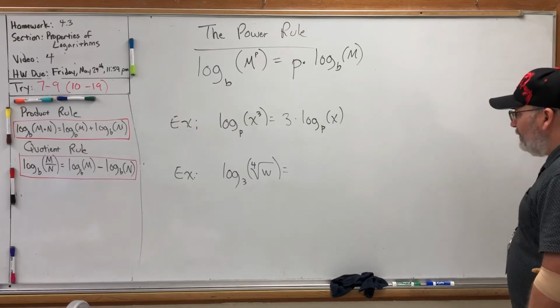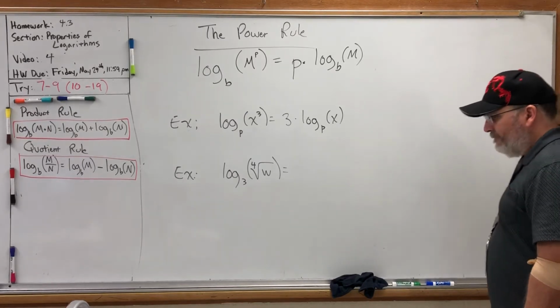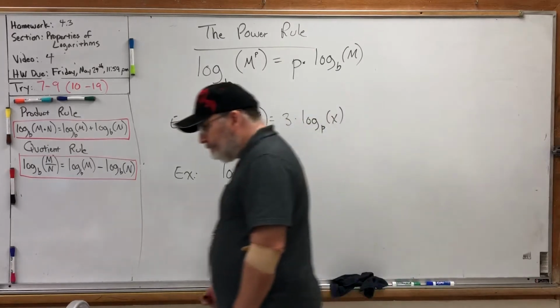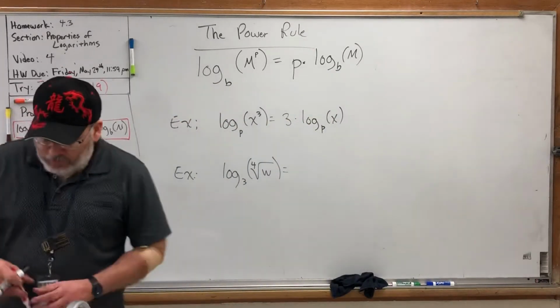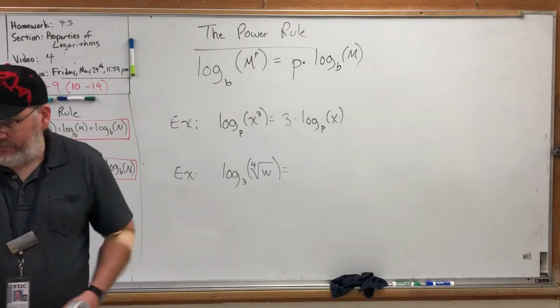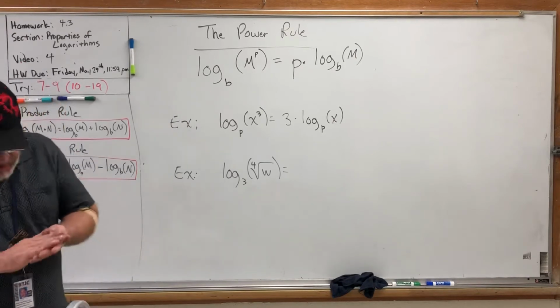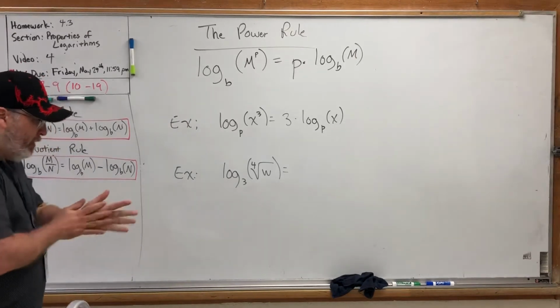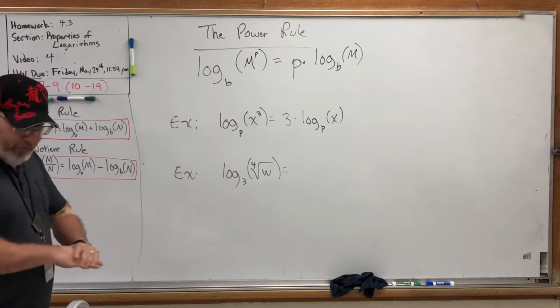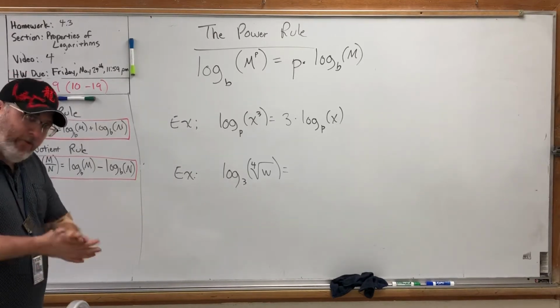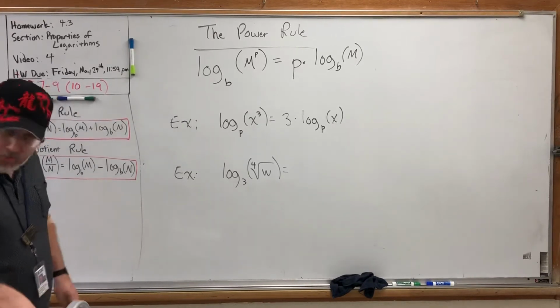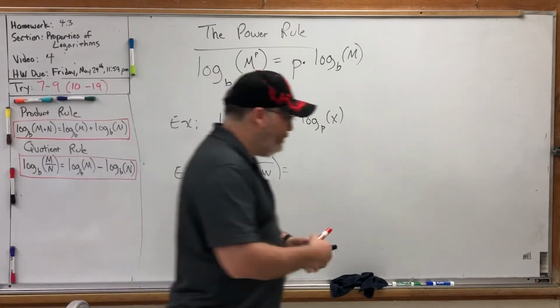But the second one doesn't have a power. It has a 4th root. So can we apply the power rule when there's not a power? Well, no, we can't. But the follow-up question is, can we rewrite it so it does have a power? And the answer is, of course we can. Otherwise, I wouldn't have it sitting here.